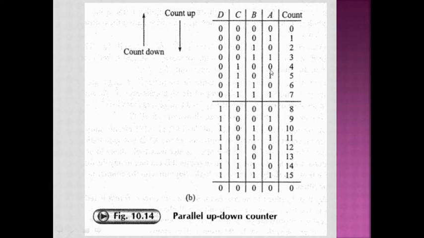Again, whenever A is high, B is high, that means here count number 7 to count number 8, then C is required to be toggled from 1 to 0. Again, from count number 11 to 12, A is high, B is high, then C is required to be toggled from 0 to 1. Again, at count number 15 to 0, A is high, B is high, then C is required to be toggled from 1 to 0. So this way, it is working in a count up mode.